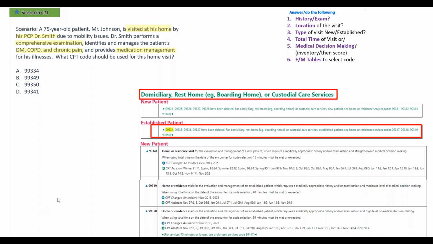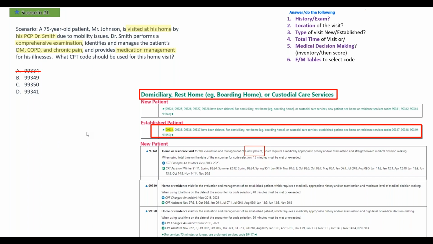If you look under the domiciliary, rest home, or custodial care services category, you can see that 99334, 99335, 99336, and 99337 have been deleted, and it guides us to see the home or residence service codes 99347 to 99350 for an established patient. So with that, I can be sure that option A is incorrect.